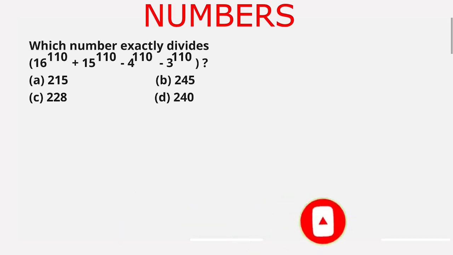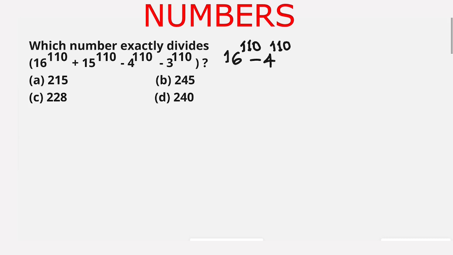On observing the number, we have to make pairs of the given number, and we have to find the common factor out of that. So we make first pair 16 to the power 110 minus 4 to the power 110.